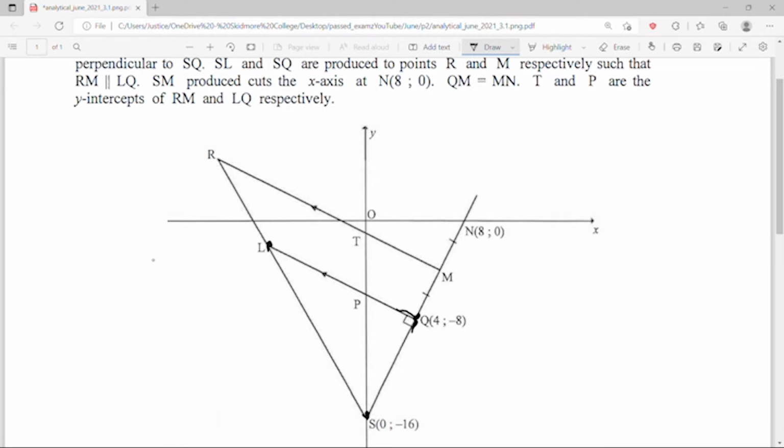So immediately what you do when you're looking at the statement, you're remembering all the things you know about lines. Immediately here I'm thinking, okay, I remember that there's something about perpendicular lines, right? We know that if two lines are perpendicular, then if you take the gradient of SQ and multiply it by the gradient of QL, you are going to get -1.